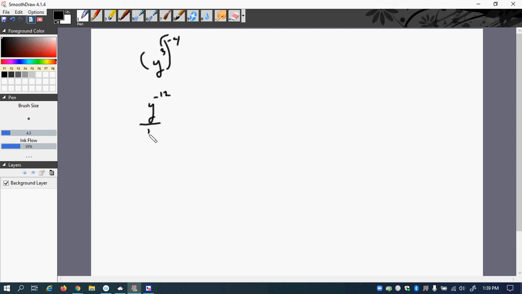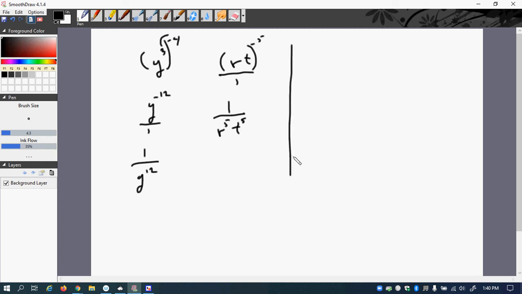Then this is over 1, so I'm going to move it down, so that's 1 over y to the 12th. And let's look at RT, and it's all to the negative 5. Again, this is all over 1, so that would make it 1 over r to the 5th t to the 5th. Then our last one is a little bit crazier.